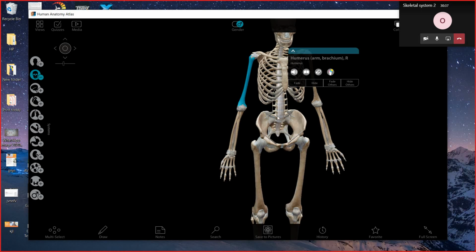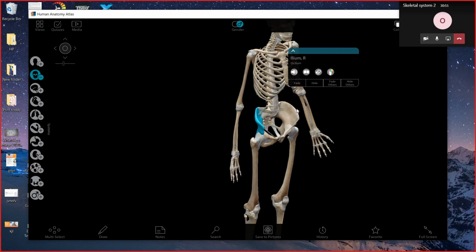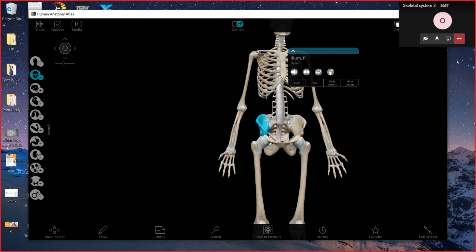Now we are going to the lower part of the appendicular skeleton, starting here with the pelvis. This big bone is called pelvis. Is all of it one bone, or is it a lot of bones that are connected?